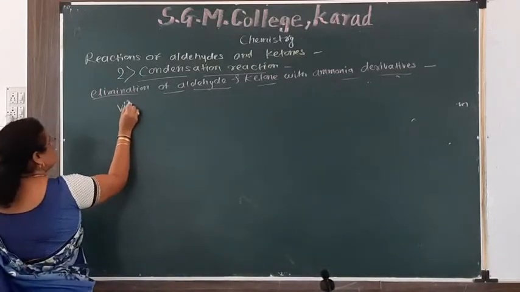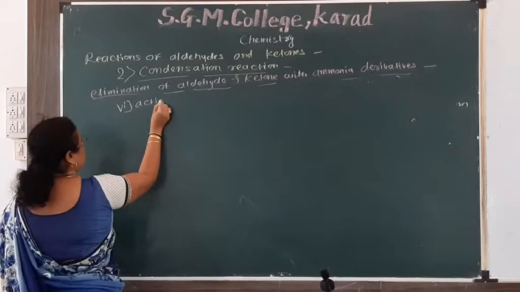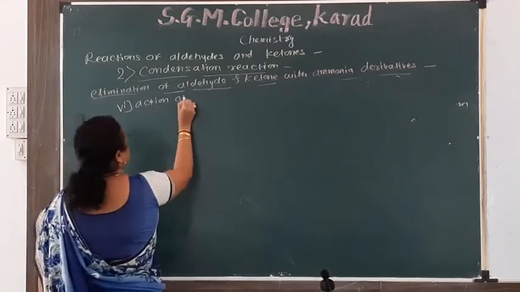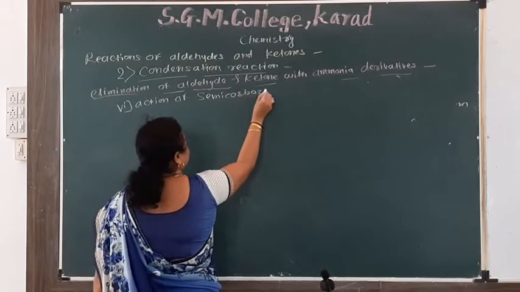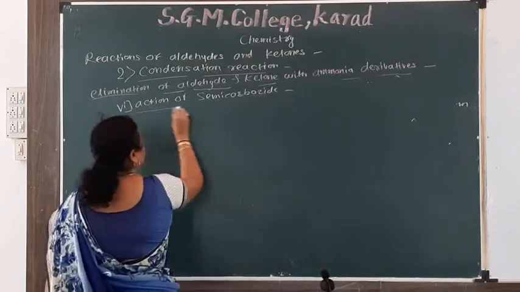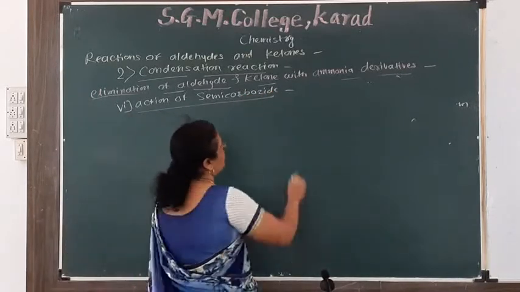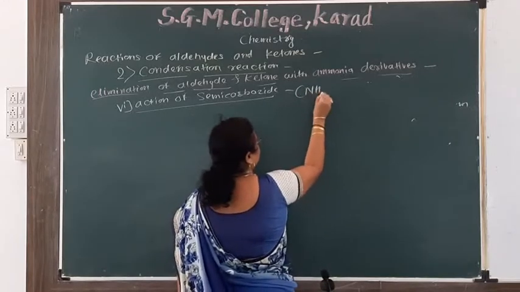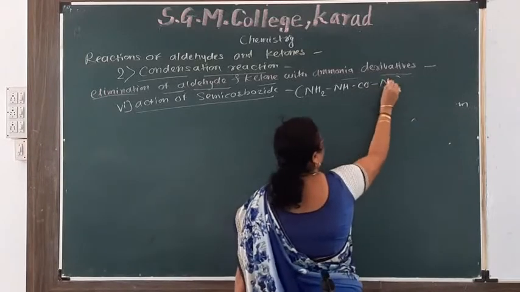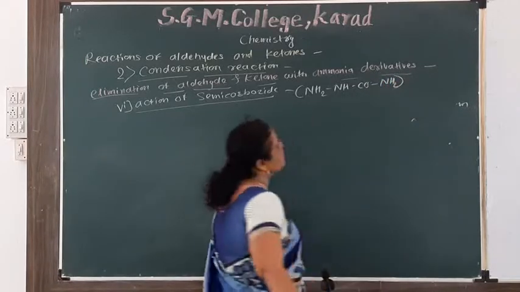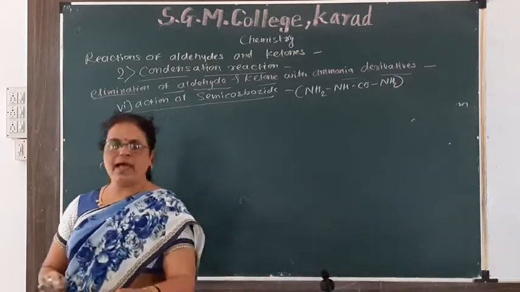Sixth reaction is action of semicarbazide. Semicarbazide formula is NH2NHCONH2. This is the formula of semicarbazide.